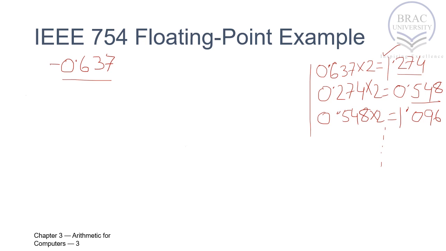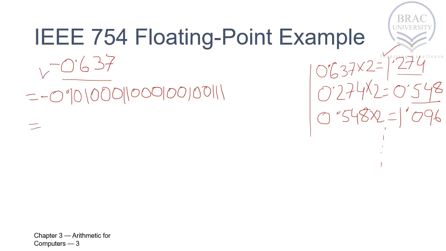So the binary equivalent of 0.637, or rather minus 0.637, is minus 0.101101000011000100100100100. So this is the binary representation of our decimal value.